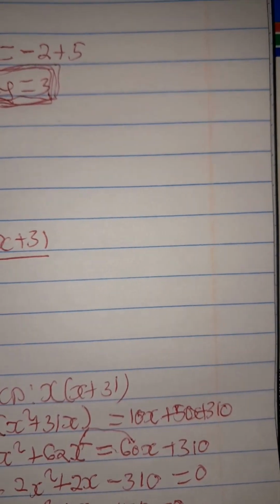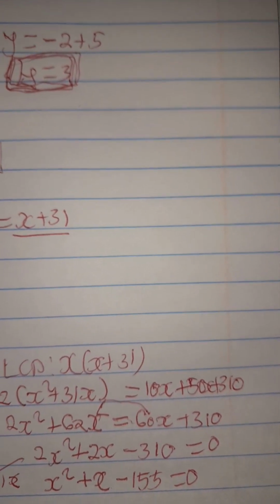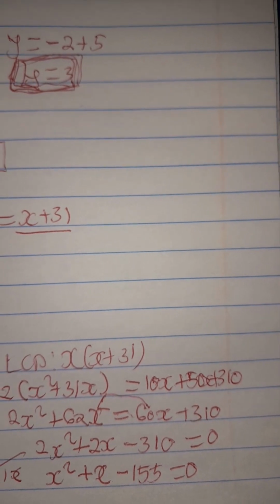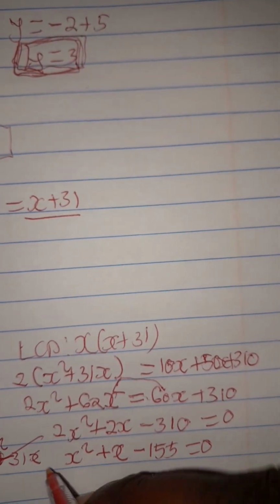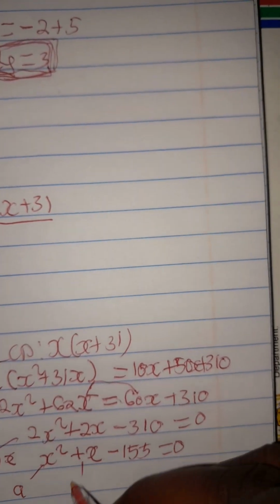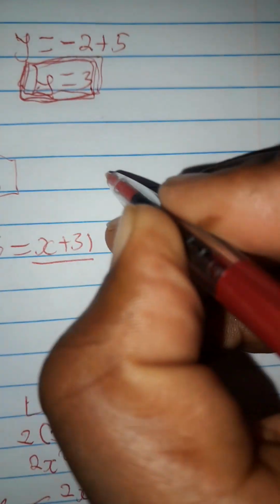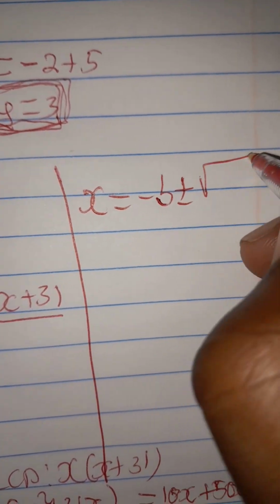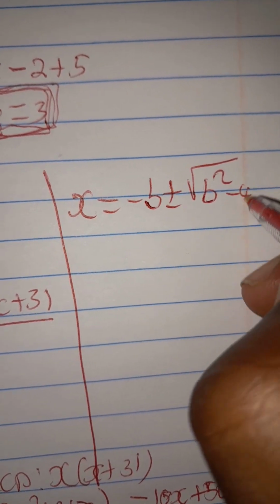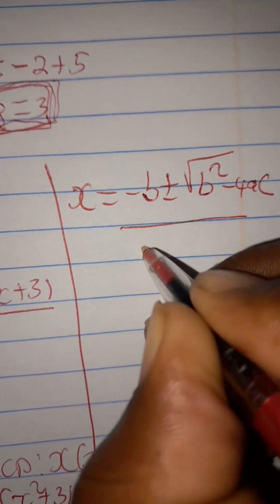Remember that they said calculate the speed correct to 2 decimal places. It means this equation cannot be factorized. Then the suitable method that we can use is the quadratic formula. So this will be a, this will be b, and this will be c. So we are going to say negative b plus or minus root b squared minus 4ac divided by 2a.